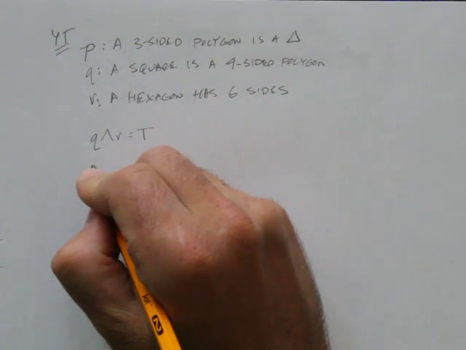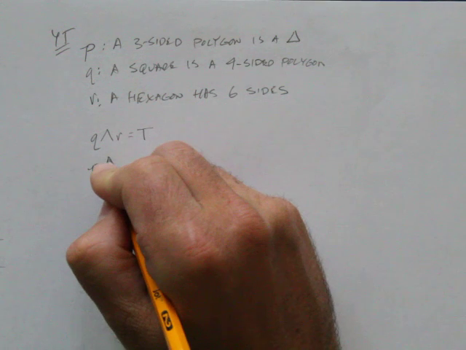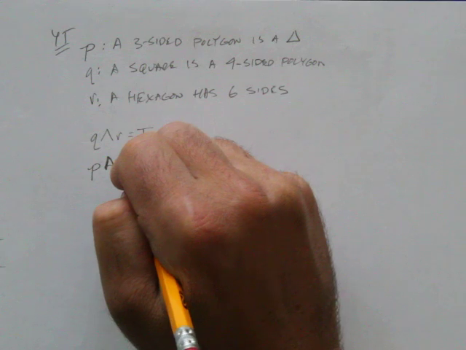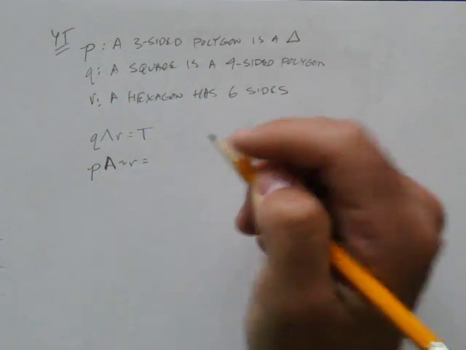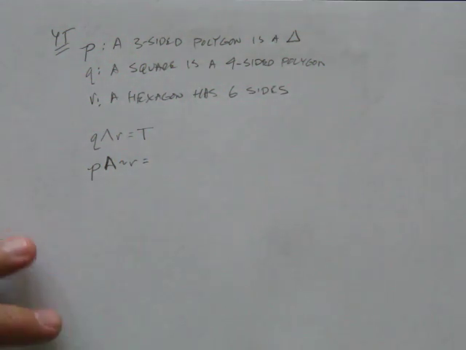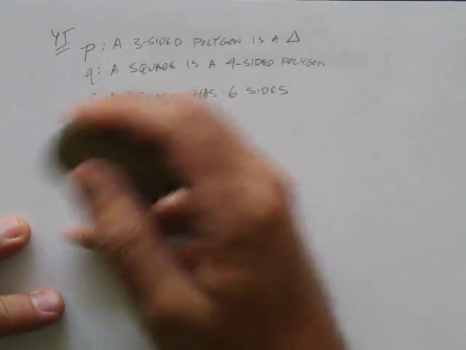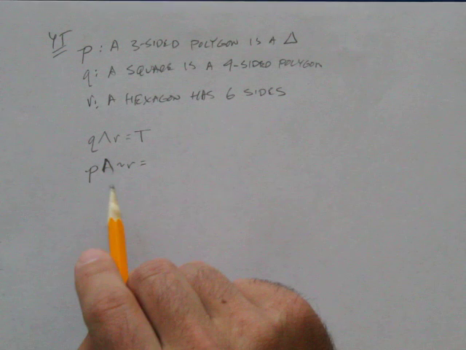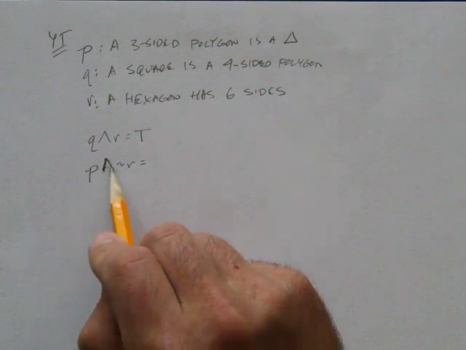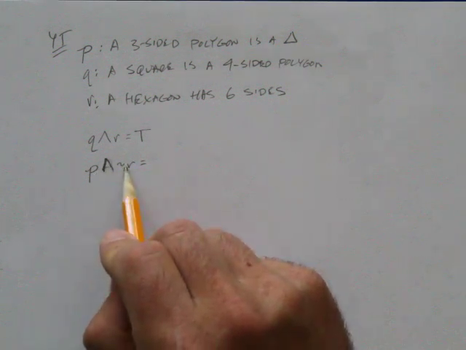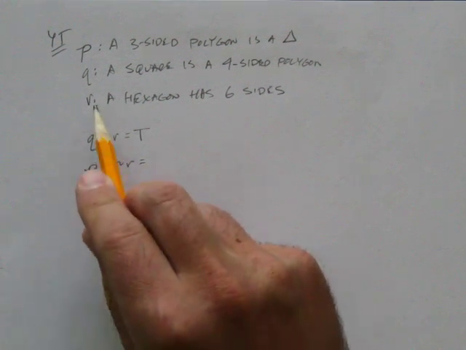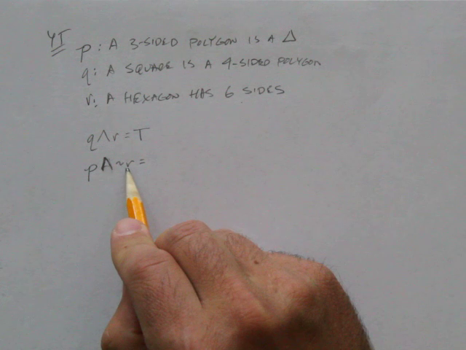If I have P and not R, is it true or false? P and not R. If I have the and statement, they both have to be true for the whole statement to be true. Since R is true, not R is false.